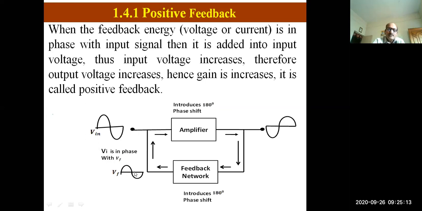If this feedback energy is added in the input signal, then we get the positive feedback.